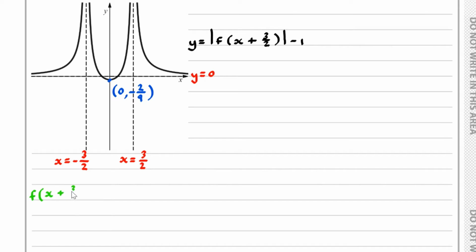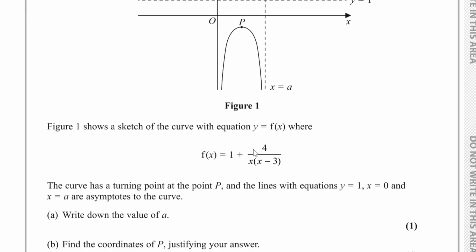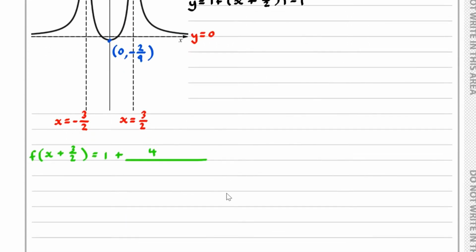Then we have 1 plus 4 over, now we would have x being replaced by x plus 3 over 2.